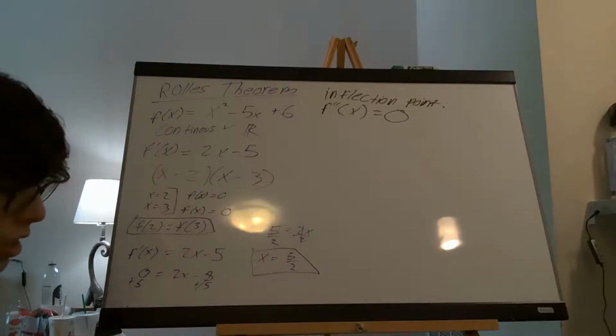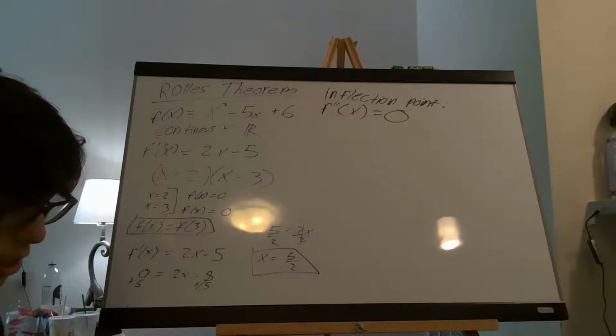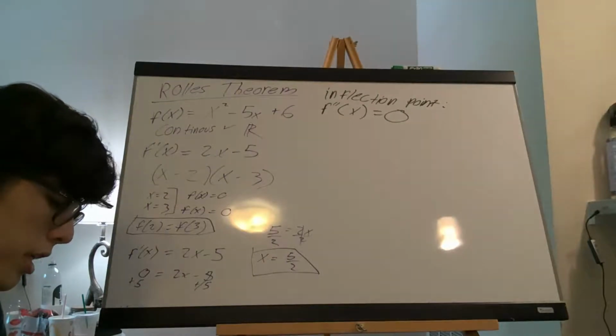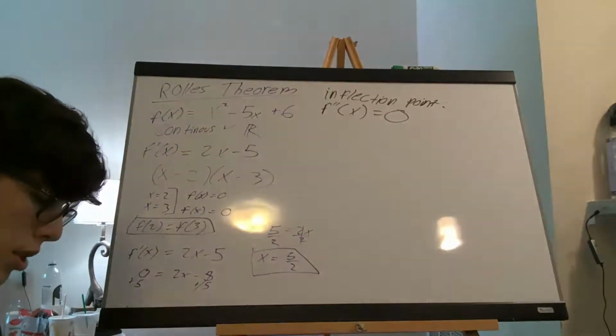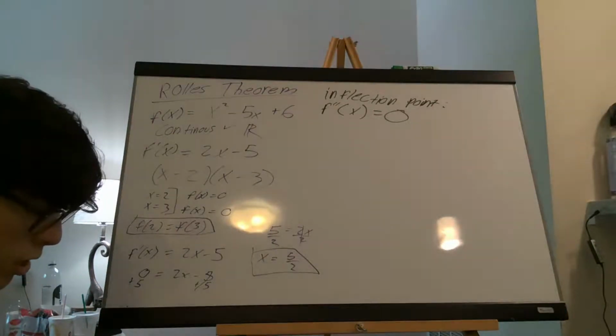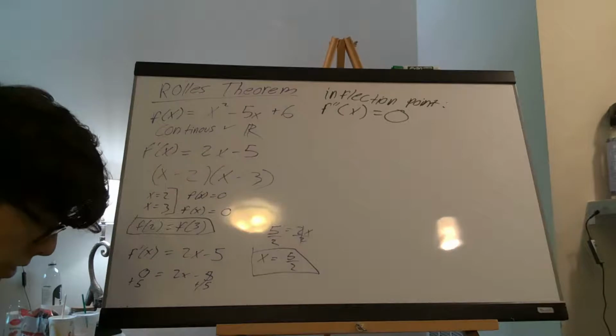I'm just going to read this one out loud because I think I went over this last time. So f is a function defined on the closed interval from a to b. If f is continuous on the closed interval from a to b, okay, sounds familiar. f is differentiable on the open interval a to b, sounds very familiar.